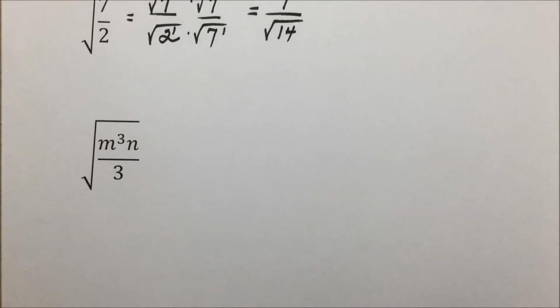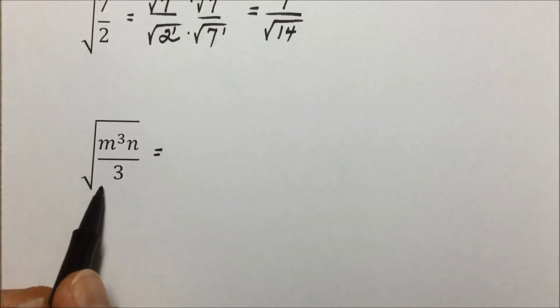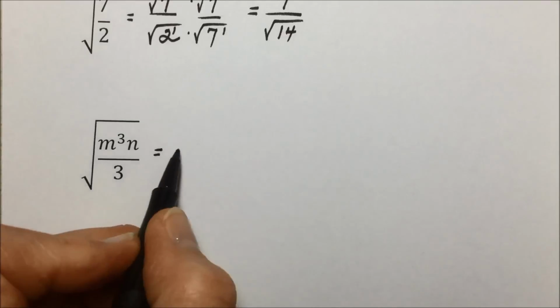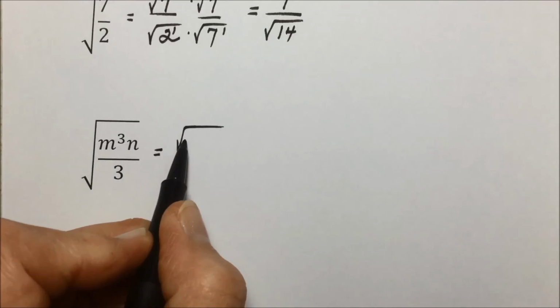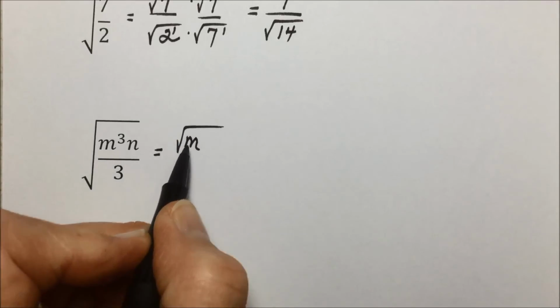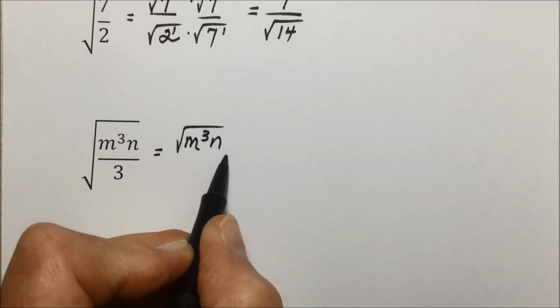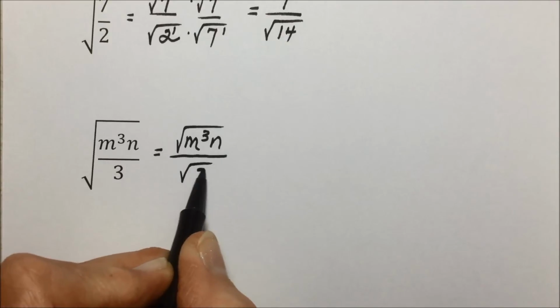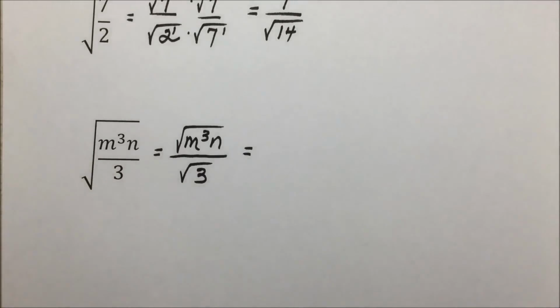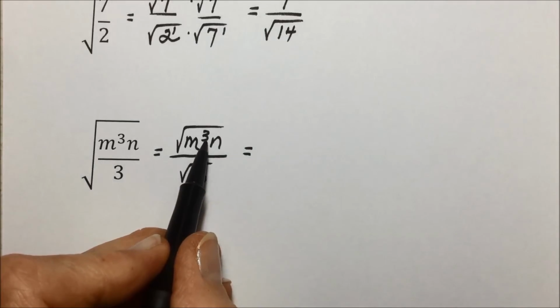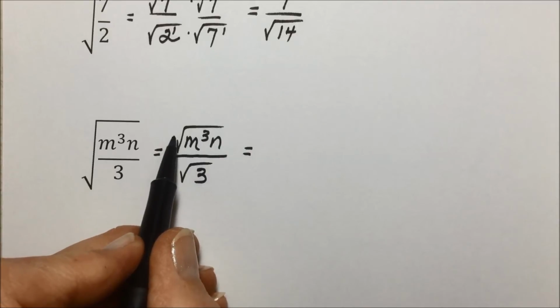In this next problem, the instructions are still to rationalize the numerator as well. There's nothing common in this quotient, so let's separate it into the 2 radicals. The square root of the numerator, m to the third n, over the square root of 3. We can simplify this. Square root of m to the third is a higher power underneath the radical than our index.